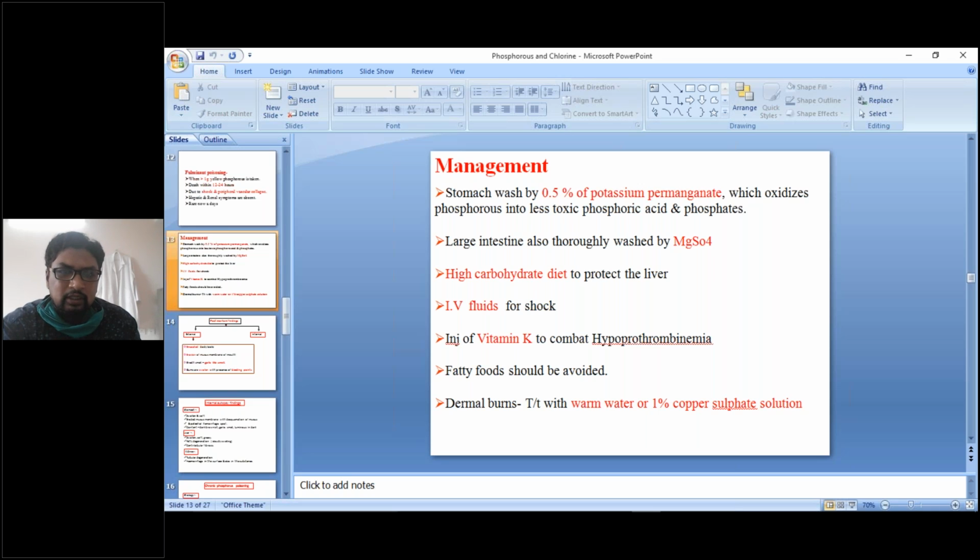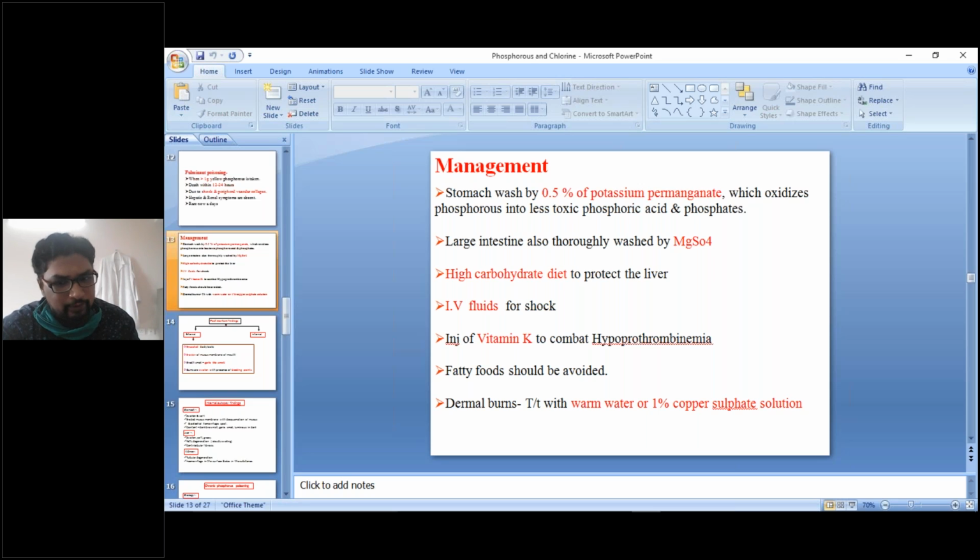So whenever the liver is affected, hypoprothrombinemia can result from the liver damage, and the patient can have excessive bleeding tendencies. That's why we give injection vitamin K to combat this hypoprothrombinemia.